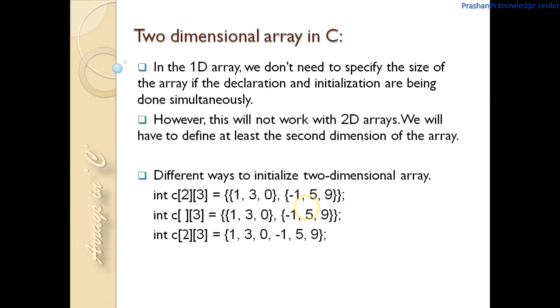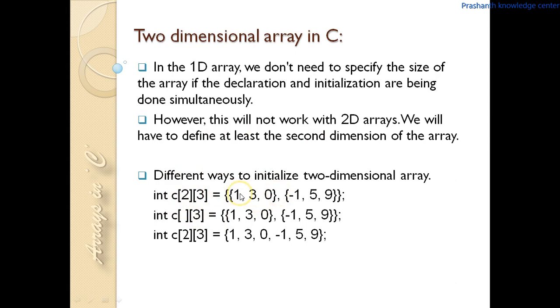And next, in two-dimensional arrays the declaration will be a little bit different, whereas in a single dimensional array we declared and initialized simultaneously without specifying the size, but in the two-dimensional array it is not possible. At least the second dimension should be given at the time of declaration.